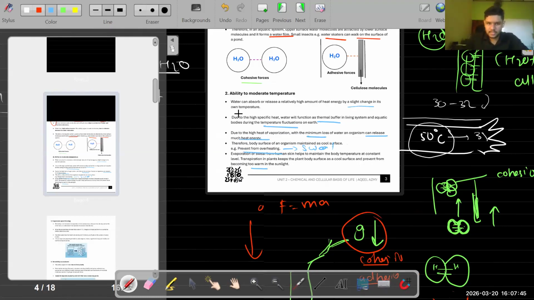Now just check this, the second property, and let me know if it is clear. If it's clear, let's move on. And if you have any doubts, let me know.